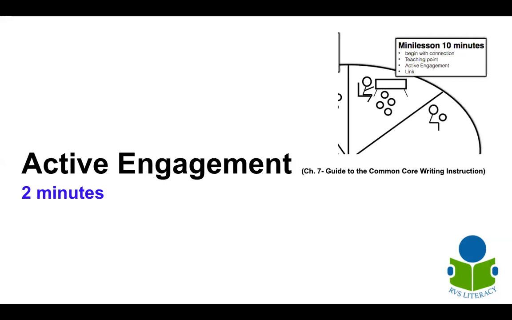But that active engagement is super powerful for your reluctant writer, because that's when they're starting to formulate the ideas of what they're going to write. They're starting to verbalize those ideas with a partner. As the teacher, when you give that active engagement, what I've been doing that was super helpful was, because they're all gathered at the carpet, I walk around with my Post-it and I listen to what I'm hearing.